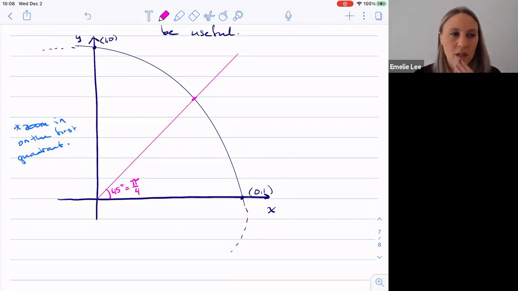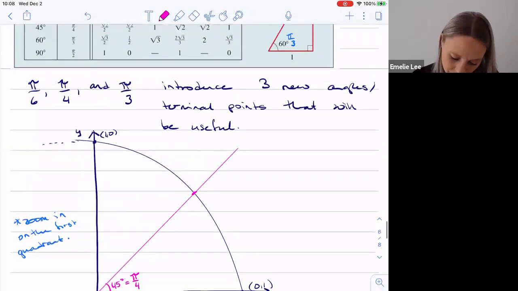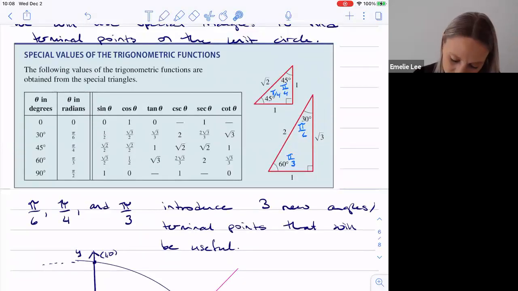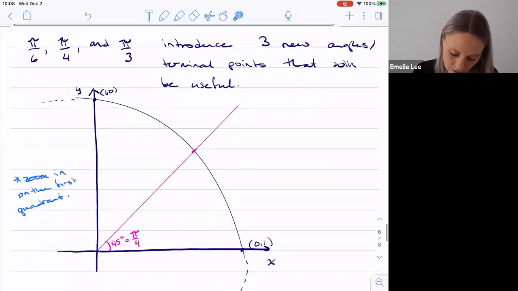So pi over 4, if we just look at our special triangle, here's my 90-degree angle. What I'm going to do is shove this 45 degrees, or you could do this one. Notice that it's the same, so we can flip it whichever way. But the 45-degree angle has to match the 45 degrees.